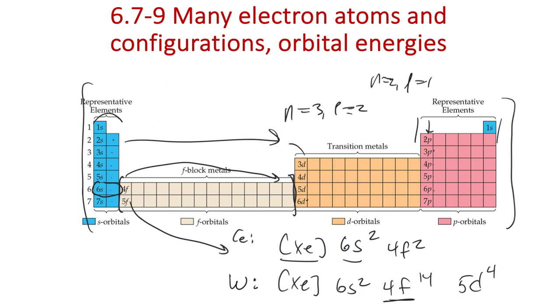Now, how do I know that's a 4F? Because the first time I can have an F is n equals 4. How do I know this is a 5D and not a 4D or a 6D? Because I'm following along with the 3Ds, the titanium group. Its middle group after that is the 4D, and so tungsten would be filling into the 5D.